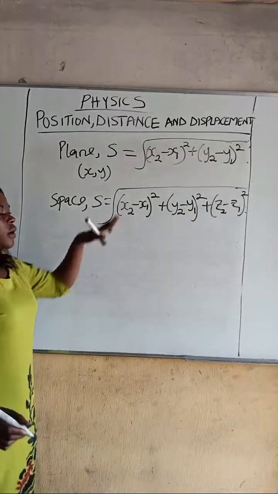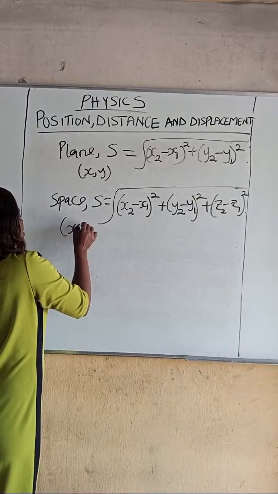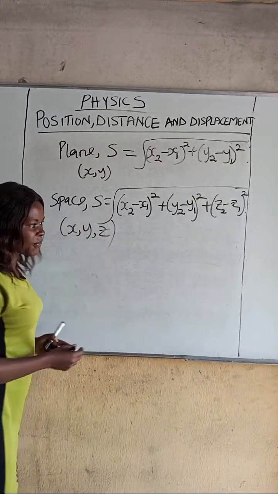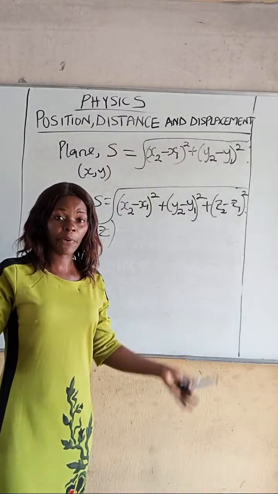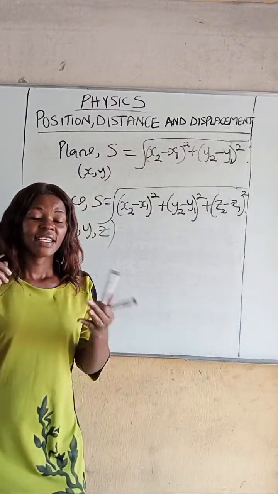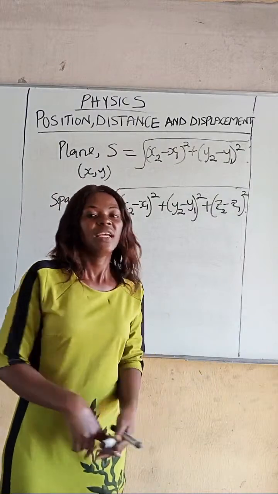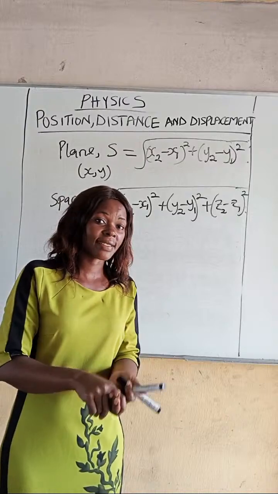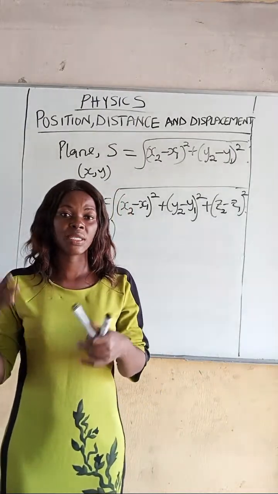This one is for space, because space has x, y, and z. And remember, distance is a separation between 2 points. If it is on a plane, a point has both x and y axis. Then the second point has both x and y axis. Okay, so this is how we can use it to solve problems on distance.